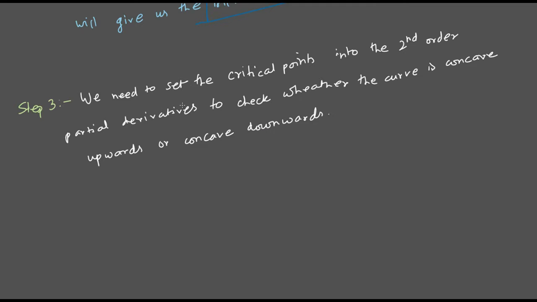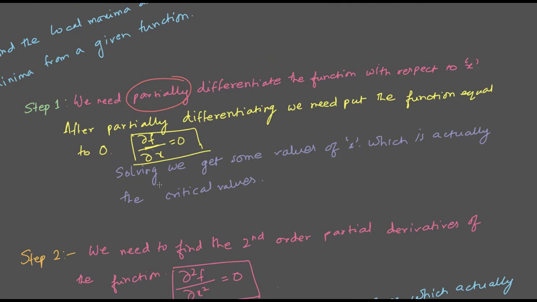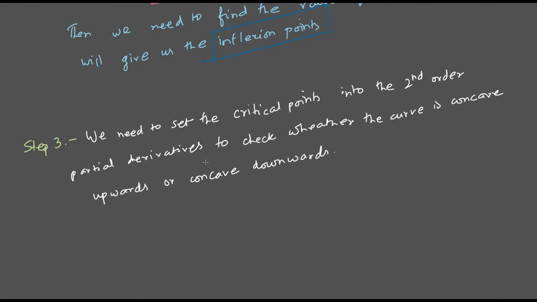Now you might see the step at first and think that it's pretty confusing, but it's also very easy. See, we get the critical points in step 1, right? Here we get the critical values or critical points, whatever. We simply put those values of x in the second order partial derivatives, and we get some values.